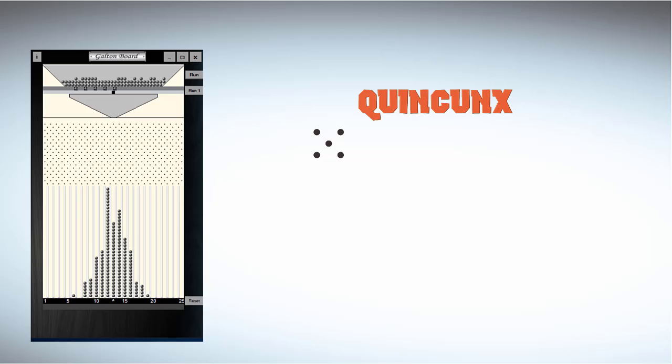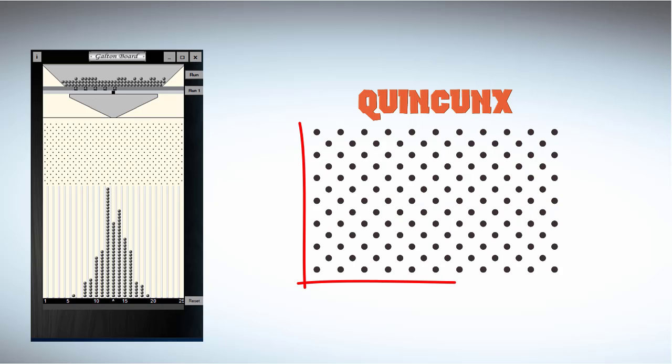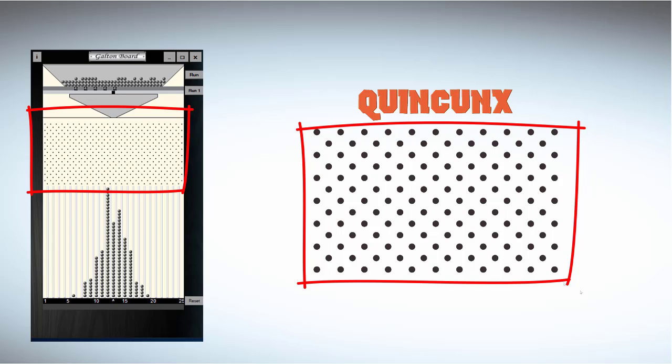Well, we don't need the die anymore. We've got our 5 dots that make the Quincunx, and what we're going to do is duplicate those across the screen so we have a full row of dots that look like this, and then we're going to copy those down the page, and now we've got a full array of dots that make up this Quincunx pattern.